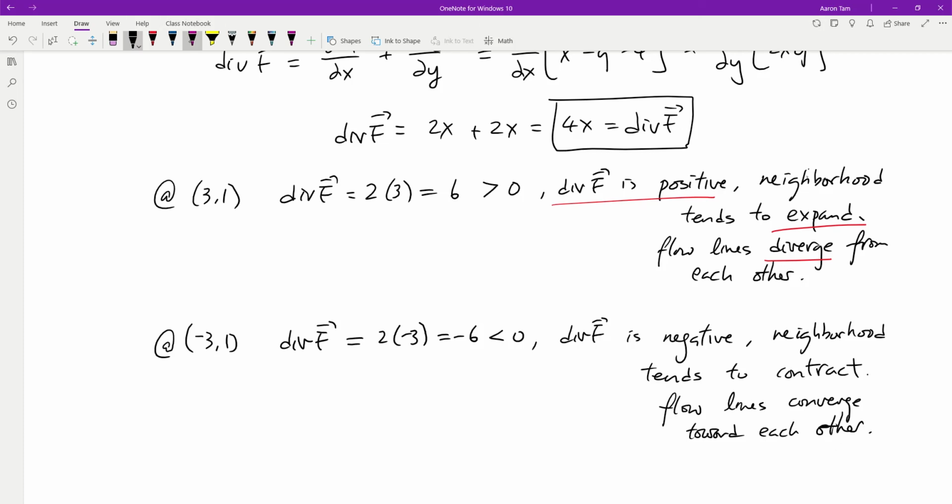So in this case, when the divergence is negative, the neighborhood contracts, and you're actually converging instead of diverging.